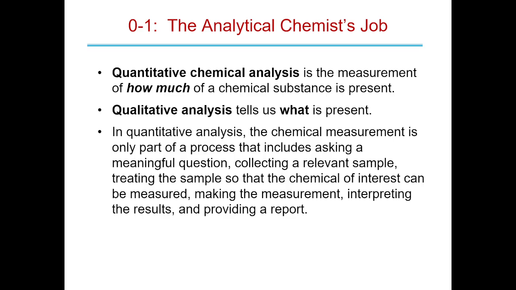Okay, so the qualitative is going to be, is it present? To be frank with you, in an analytical situation, qualitative usually means is it above or below a threshold, okay? So is it above 1 part per billion? Is it above 10 parts per billion? And you'll have to identify that threshold. For example, the government has a certain level of rat feces that's okay to be in food, right?